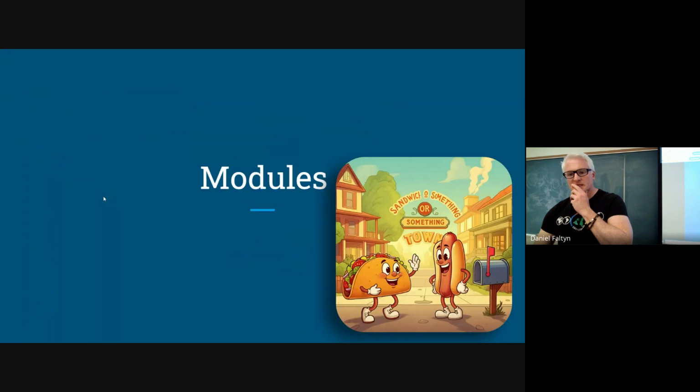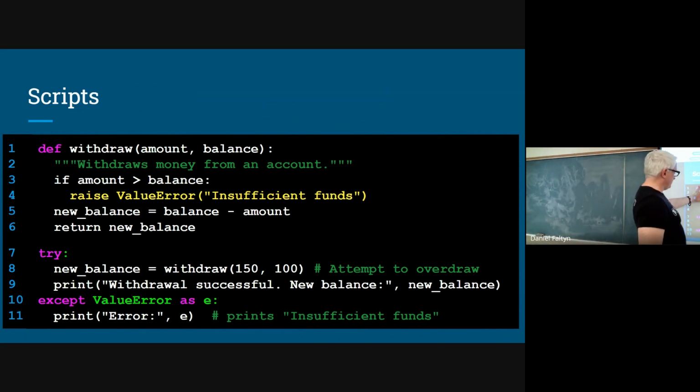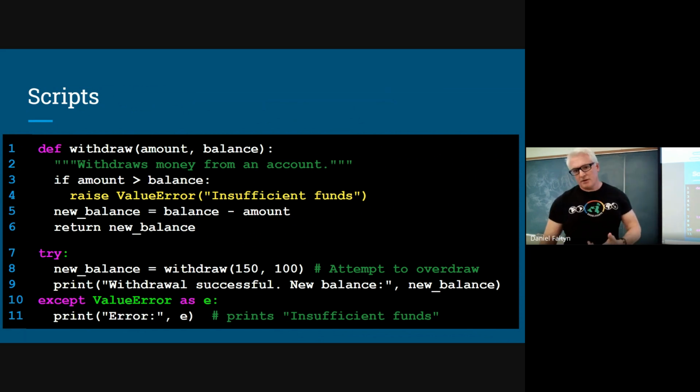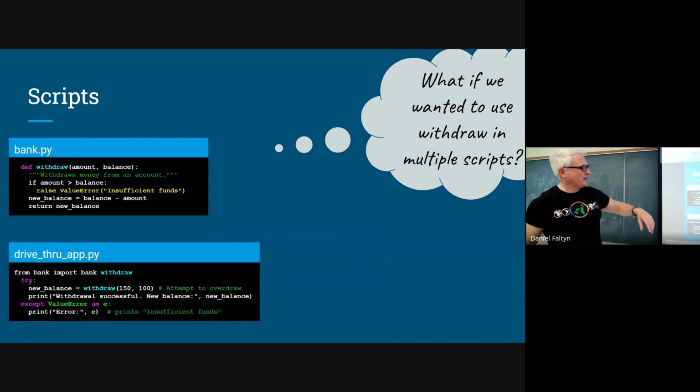Modules. There is not much to this chapter because y'all have been doing this. So the general concept, let's go back to that same example here. I have a function, and perhaps I want to use that over and over again. So the idea is I could take just that one function, and I'm going to move it into its own file, bank.py.